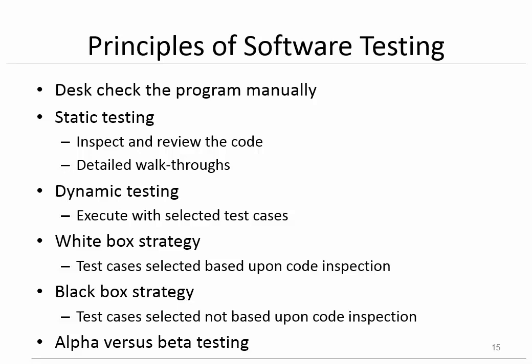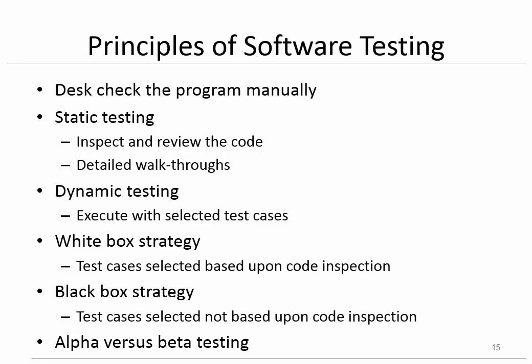This typically entails detailed walkthroughs through the various code statements. This primarily aims at verification. Dynamic testing, on the other hand, will execute the program with selected test cases. When I say selected test cases, in our BMI example, you can think about specific combinations of height and weight. You can think of dynamic testing as being more related to validation.